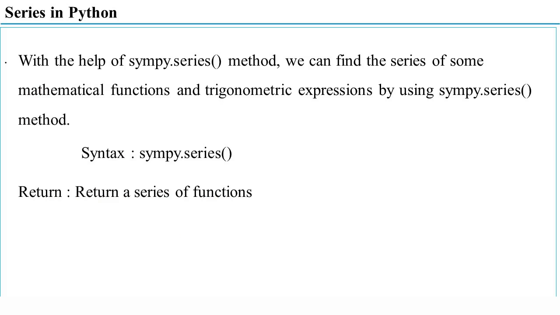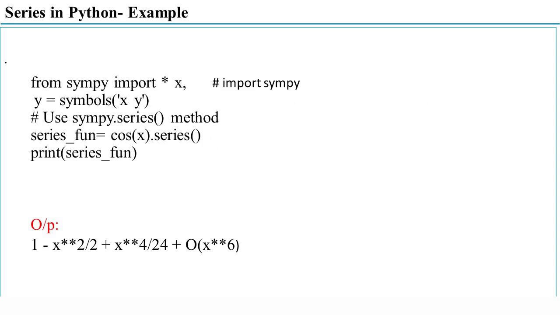Series in Python. With the help of the sympy.series method, we can find the series of some mathematical functions and trigonometric expressions. This returns a series of the function. For example, here we are asking to return the cos x series, and the output has been derived.